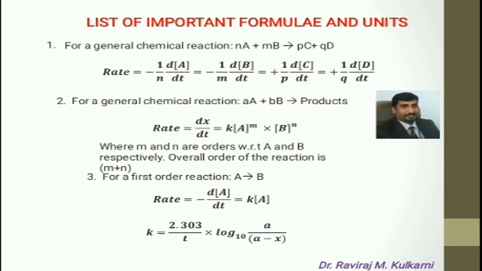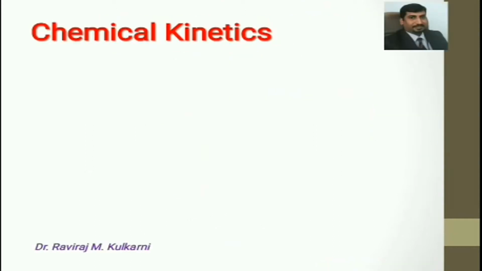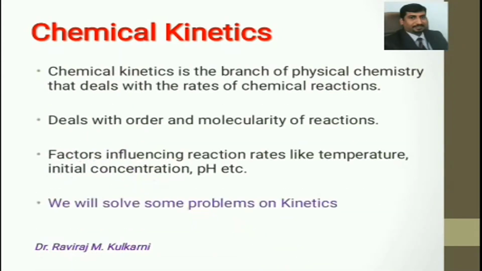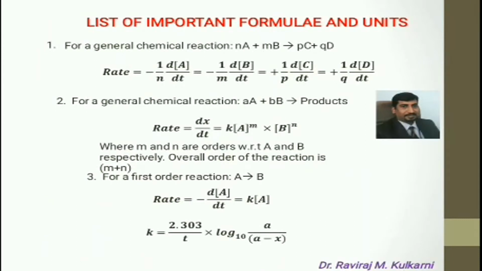The first one: for a chemical reaction, N molecules of A reacting with M molecules of B, giving P molecules of C and Q molecules of D. Here the molecularity of A is N. So when we write the rate, A is disappearing, so it is minus dA by dt.